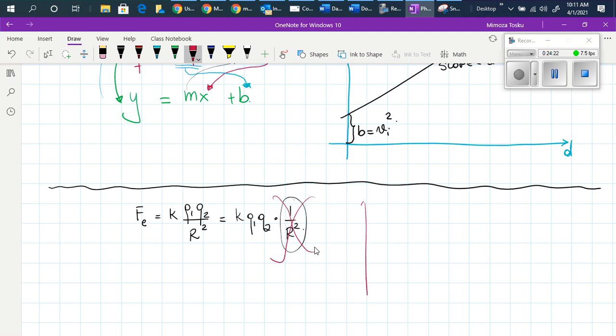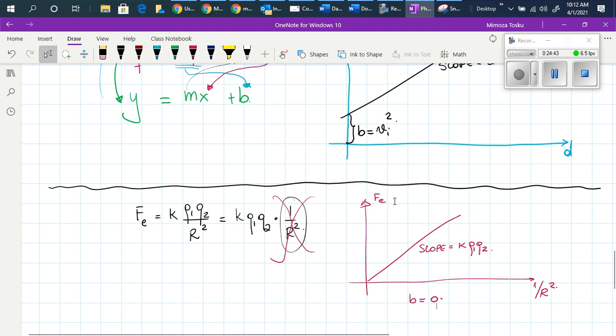So then in the graph, we will have 1 over R squared to straighten it out, and we will see that the slope is kQ1Q2, and the y-intercept is equal to 0. And if it is not in our experiment, then it is as a result of systematic error that is happening in our experiment.